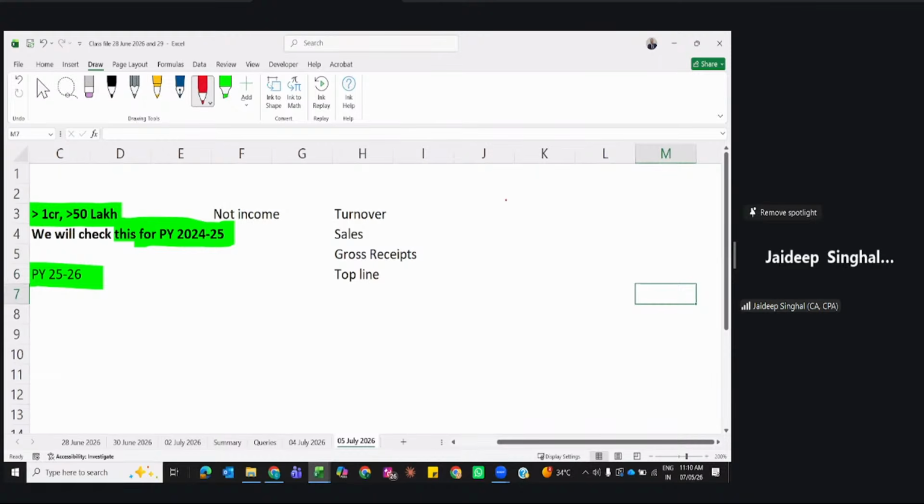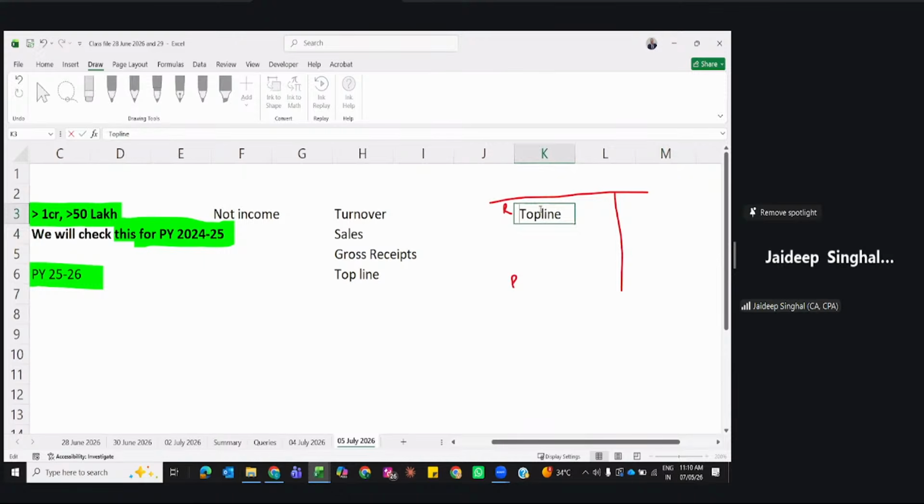When you make the income statement, the P&L, here you write the revenue, and ultimately here comes the profit. Revenue is known as top line. The profit is known as bottom line. Right? So this is how we call it.